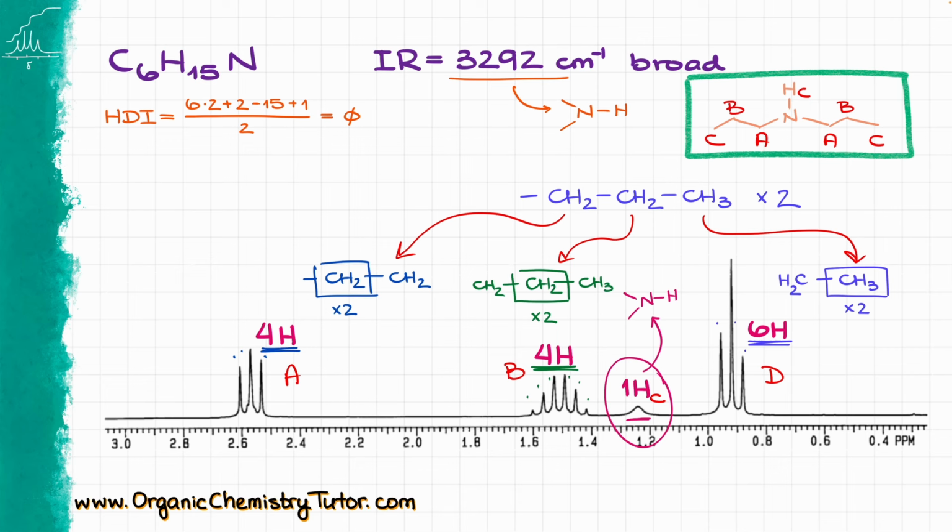And how did I know that we have two symmetrical groups in this case, rather than two groups just connected to one atom like before? Well, let's look at the two CH3s that I have over here. I have two CH3 groups which are both next to CH2.